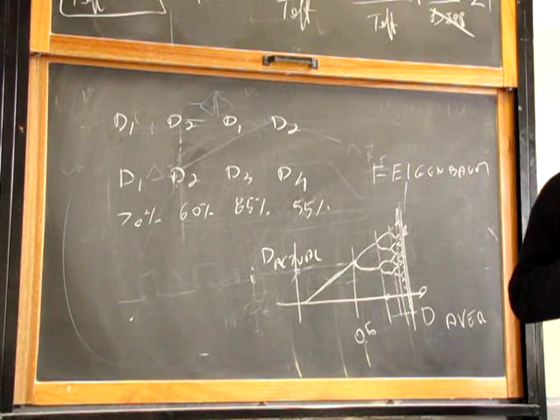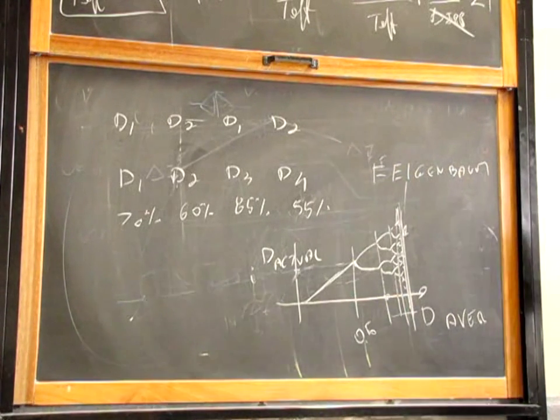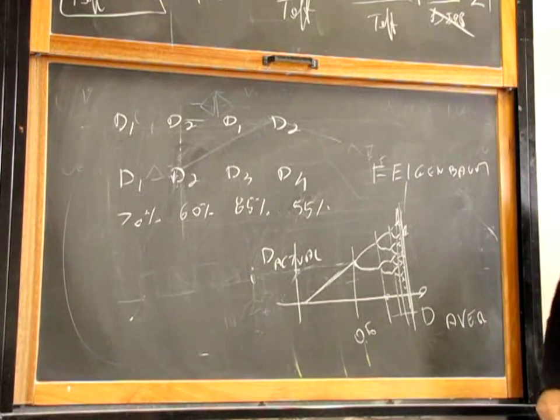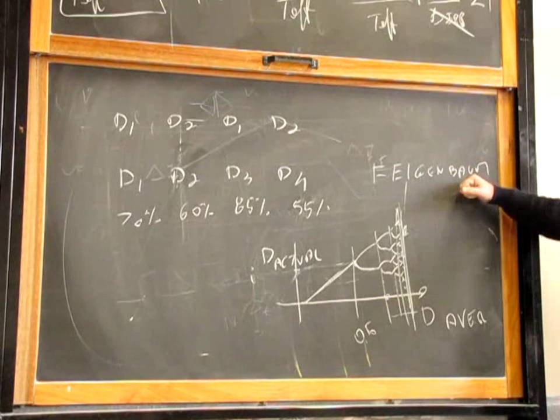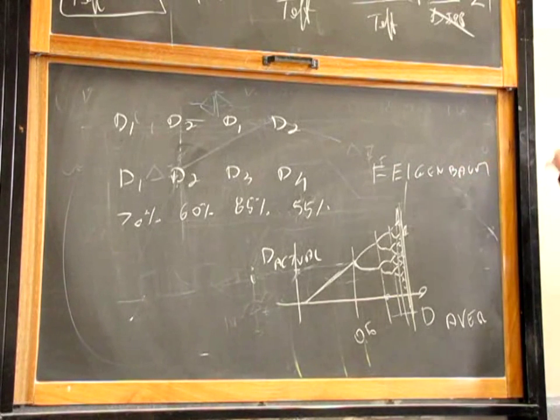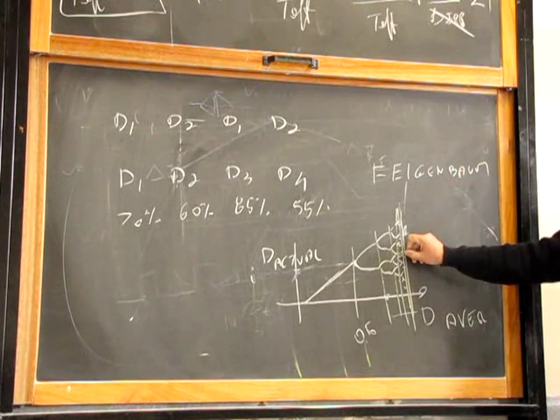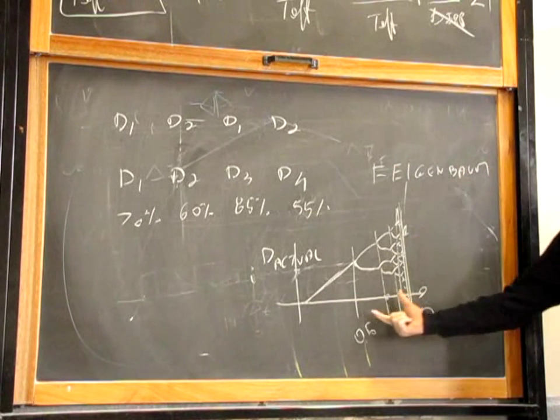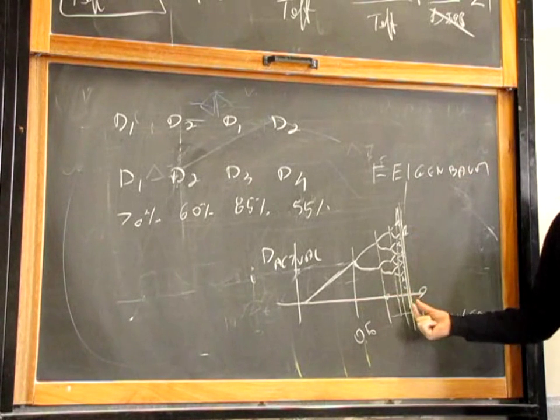Never heard this name? I think, if I remember correctly, it's Feigenbaum. What happens after the Feigenbaum constant is just the ratio of this width.